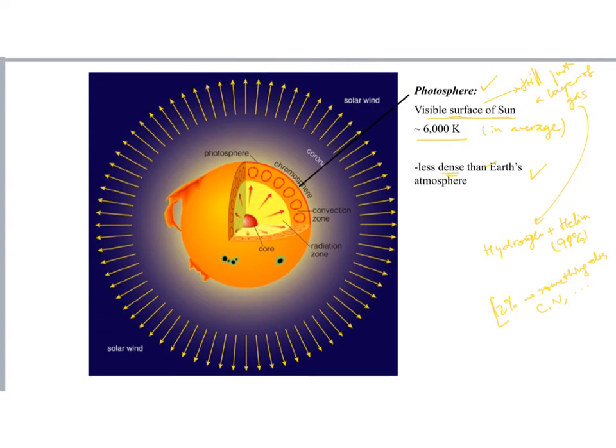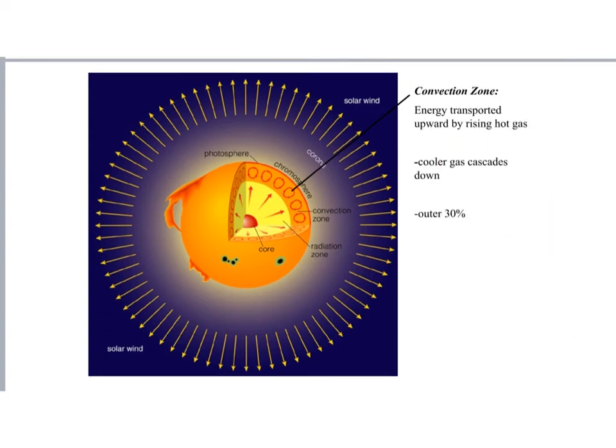Okay, moving on. Inside the photosphere, we are going to find the convection zone. So this is where you see these convection cells.